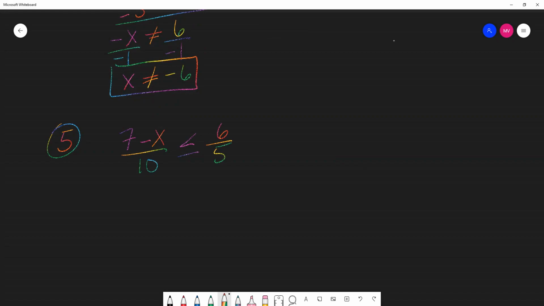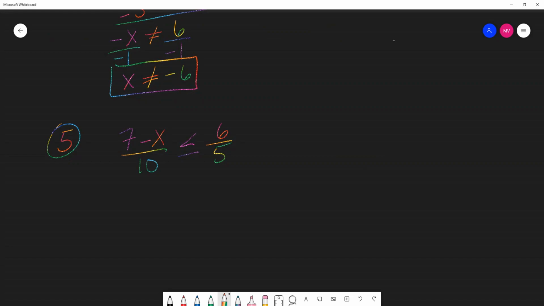What do you think we should do? What would we do if that was an equal sign instead of an inequality? We would cross multiply. You can cross multiply across an inequality any day of the week.